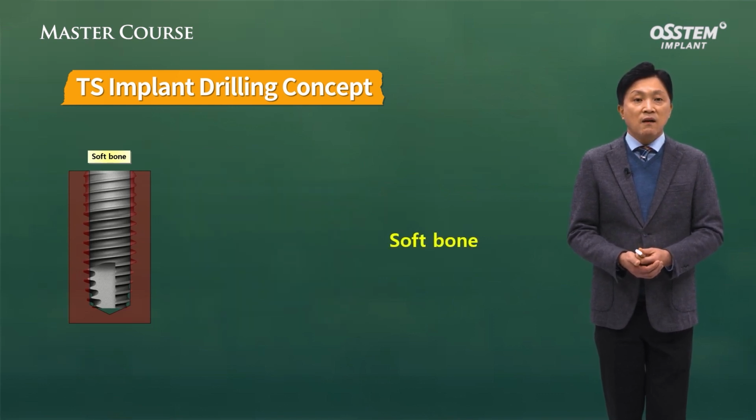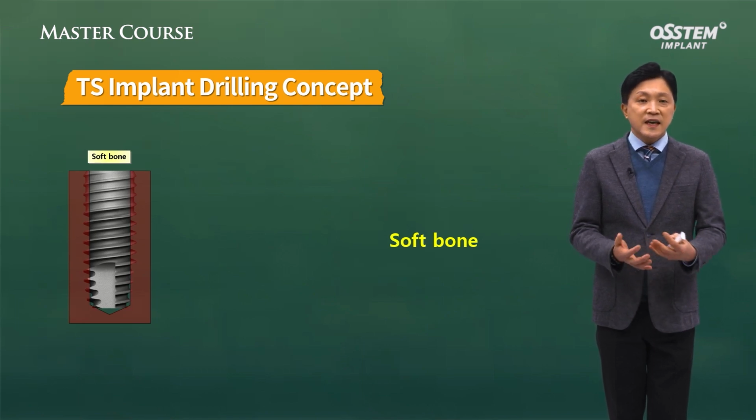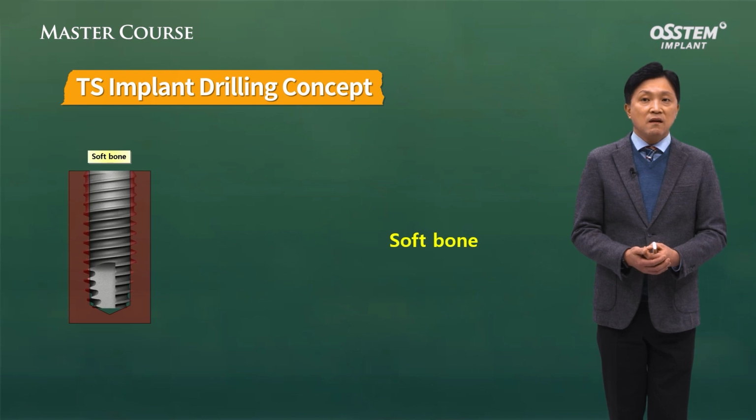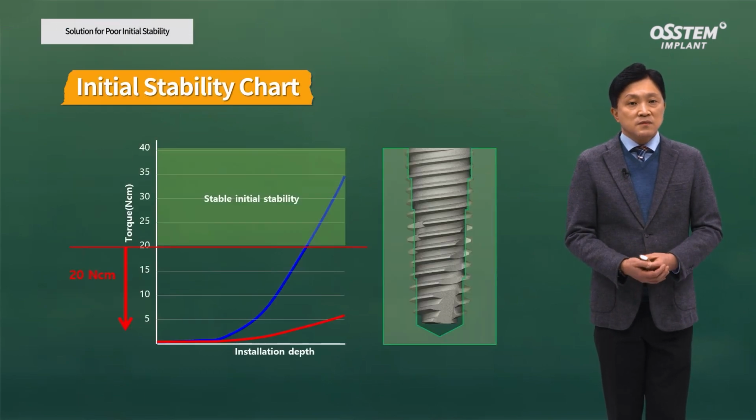So these are the 3 drilling concepts. For soft bone, one size undersized drill is used to achieve initial stability by placing an implant.